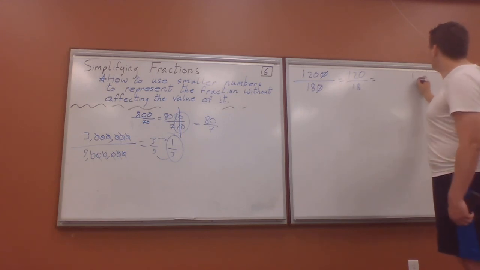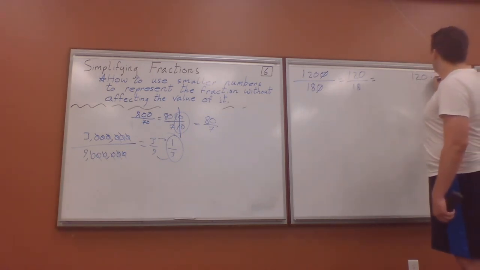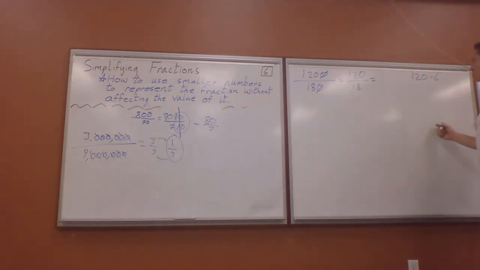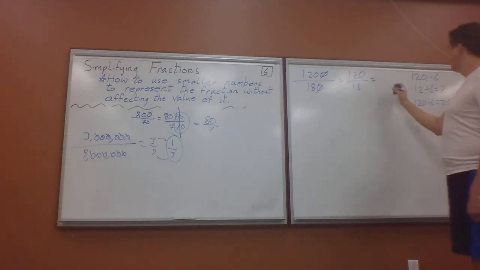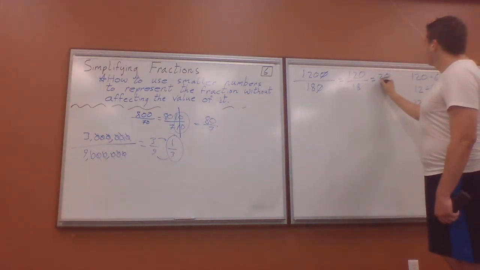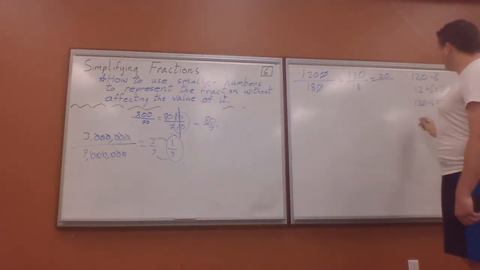So I want to take 120 and divide it by 6. Let's see. I know that 12 divided by 6 equals 2. So, okay. So if I have 120 divided by 6, that's going to be 2 with the 0 on it. Okay, that means I got to go 18 divided by 6.